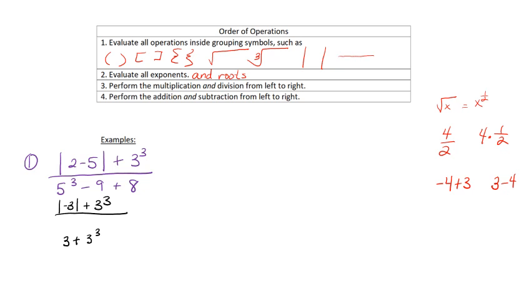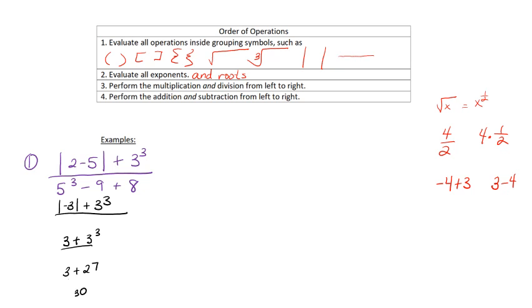Notice I'm working down instead of across, because in algebra we move down. We get on down with algebra, so we move down. 3 to the third is 27, and then 3 plus 27 is 30. Okay, so we have evaluated the top. We did the grouping symbol, we did the exponent, and then we found the sum of those two things together.